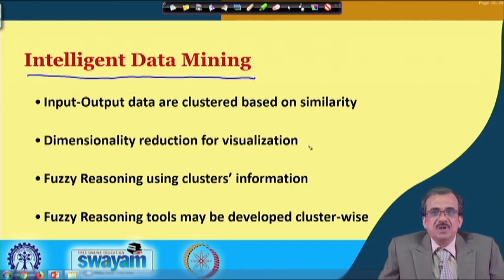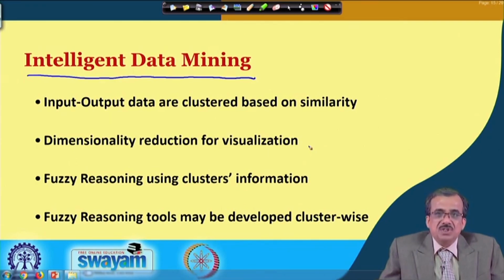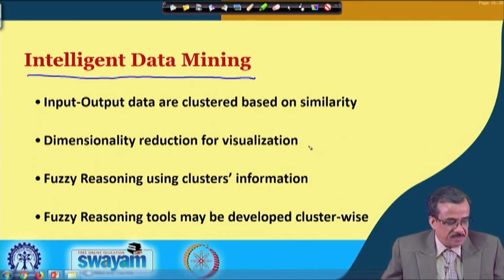In fact, we can use self organizing map for carrying out this mapping, and we can also carry out some sort of clustering using self organizing map or some fuzzy clustering tools like fuzzy C-means clustering or entropy based fuzzy clustering and so on.